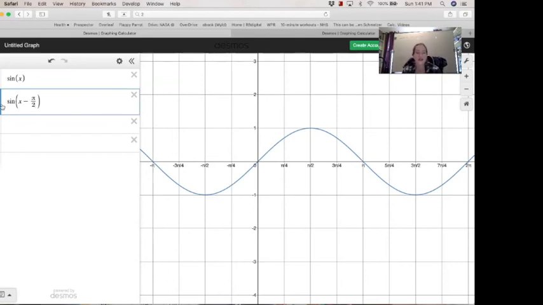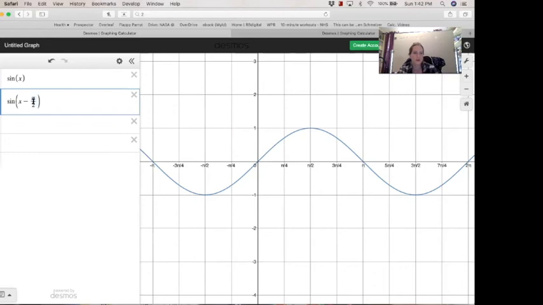Well, sine of x minus pi over 2 means a horizontal shift to the right of pi over 2 units. So I would expect to see this graph picked up and shifted pi over 2 units. Let's see if that's the case. Yep, I've just shifted this graph to the right, pi over 2 units.